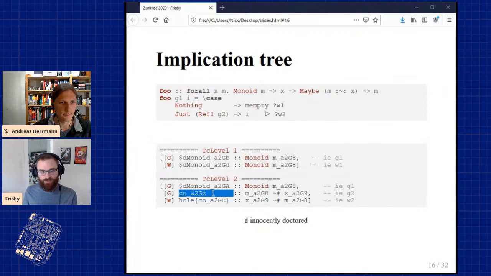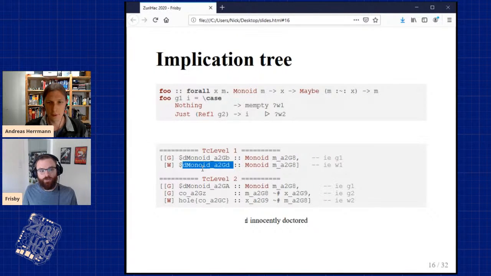You'll see that the name of a given equality is co, for coercion, and the name of a wanted equality is hole of co. I'm not sure if there's a more interesting distinction going on here, but in my experience, it just calls wanted coercions holes. This might be related to the typed holes work. Again, I'm not sure. My plugin hasn't dealt with typed holes, so I don't know if that's connected, but it could be. I don't know why the wanted dictionary isn't called a hole.